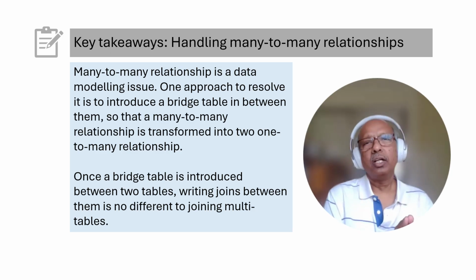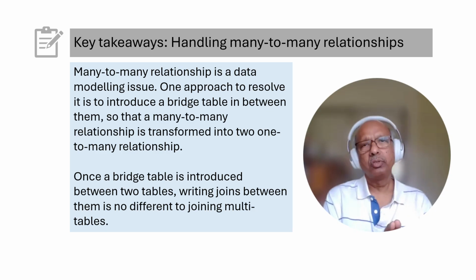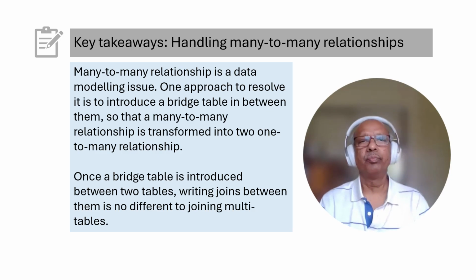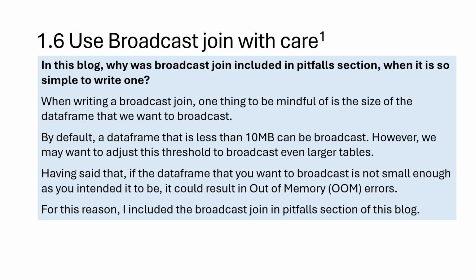That was about many to many relationships. Now, let us turn to the next pitfall. If you are wondering about why broadcast join was included in the pitfall section of this blog, here is my explanation. When writing a broadcast join, I want us to be mindful of the size of the data frame that we want to broadcast.